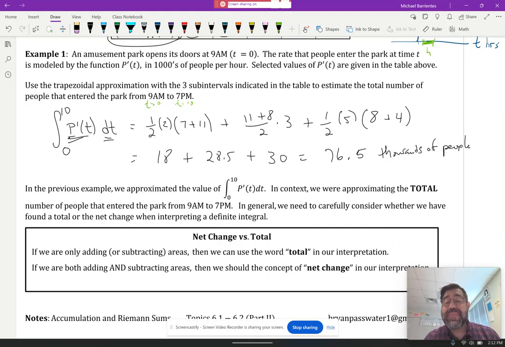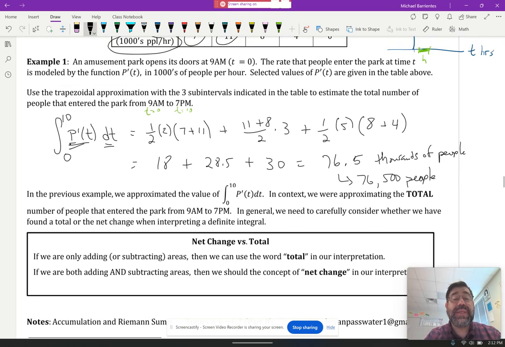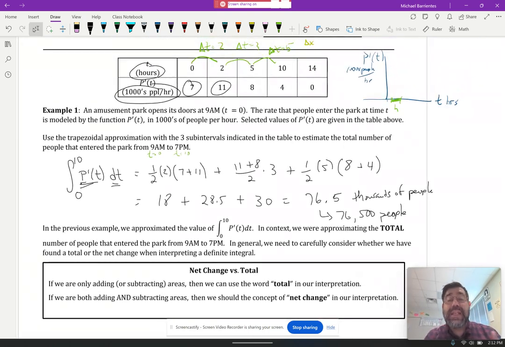No, there's 76.5 thousands of people, or 76,500 people, I guess would be another way to write it, with units. The full interpretation would be, the number of people that entered the park between 9 a.m. to 7 p.m. was 76,500 people. That's what we would have found.